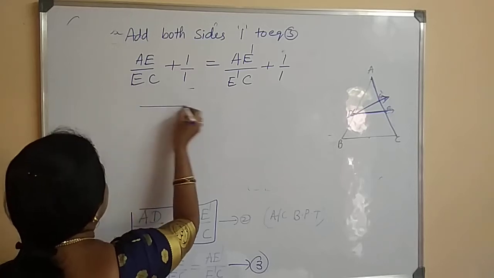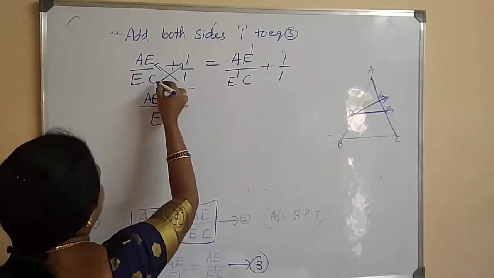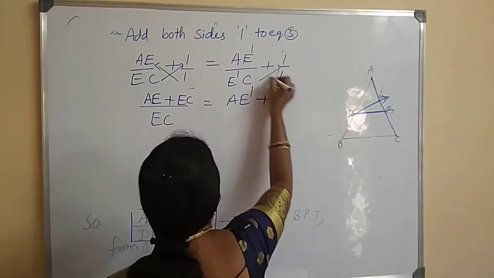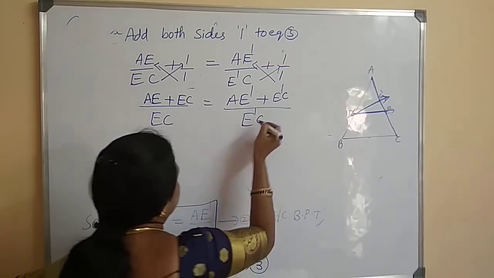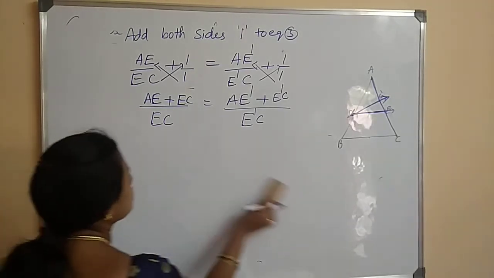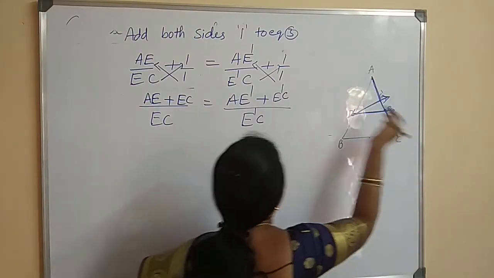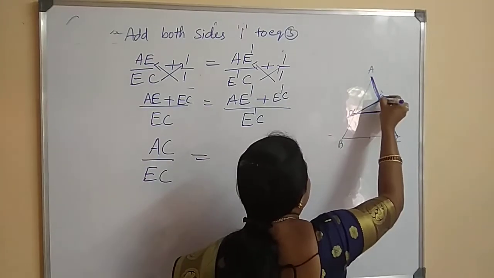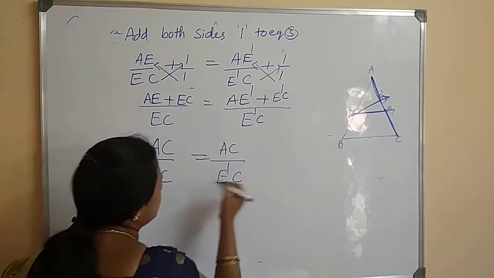Then take the LCM and do cross multiplication: AE plus EC by EC is equal to AE dash plus E dash C by E dash C. AE plus EC will become AC. AC by EC is equal to AC by E dash C.